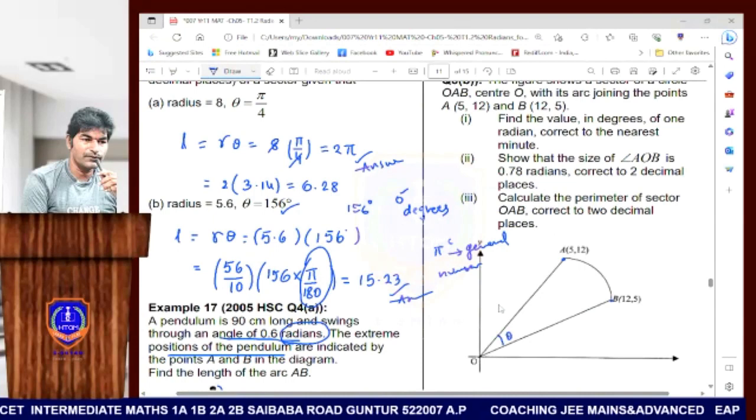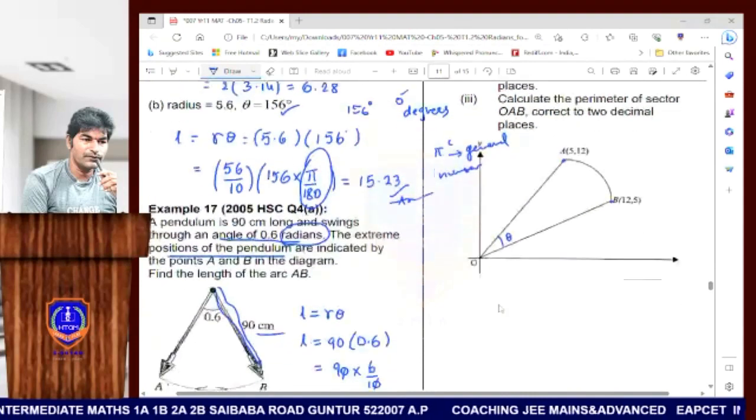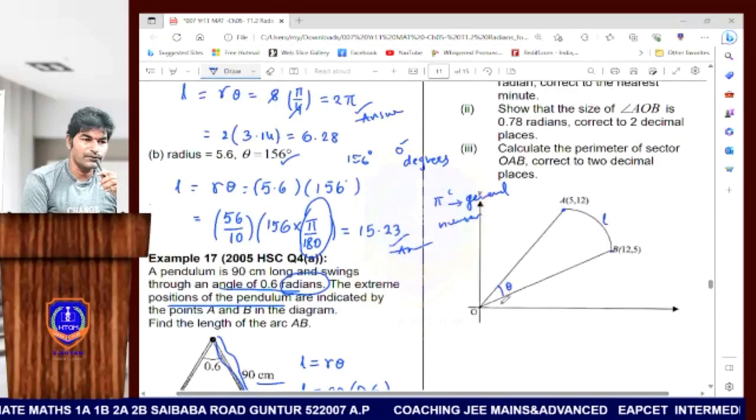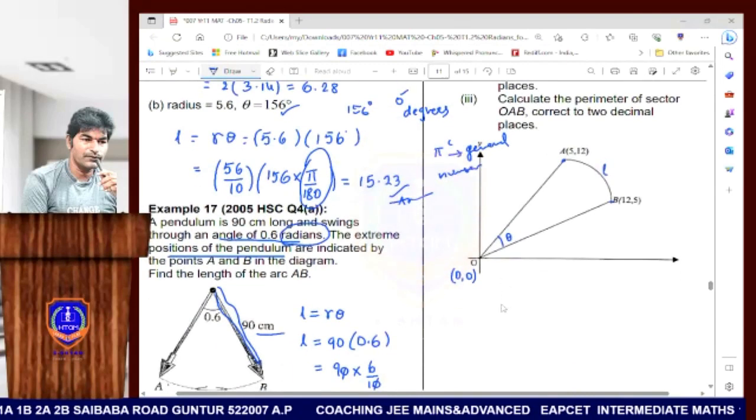First we need the radius for calculating this value. For calculating this value, we want the radians. And we know that origin means (0, 0). So what is the radius?